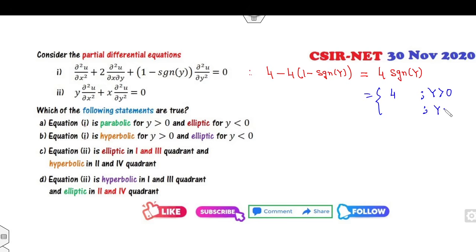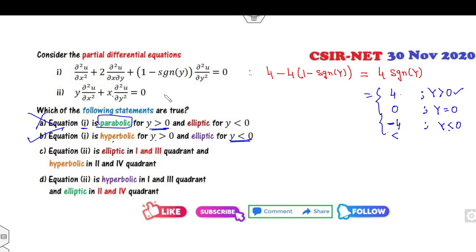If y is 0, this number will be 0, and when y is less than 0, this number is minus 1. Now look at that. For the first case, parabolic: when y is greater than 0, this number is positive, that means hyperbolic, but he said parabolic. When y is greater than 0, hyperbolic is satisfied. When y is less than 0, it is negative. When it's negative, that means elliptical is satisfied.